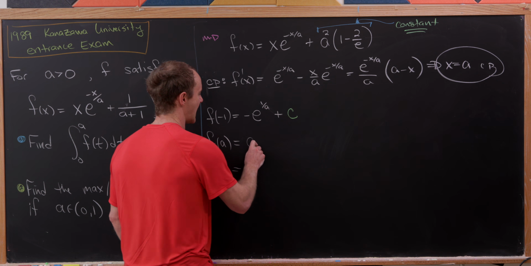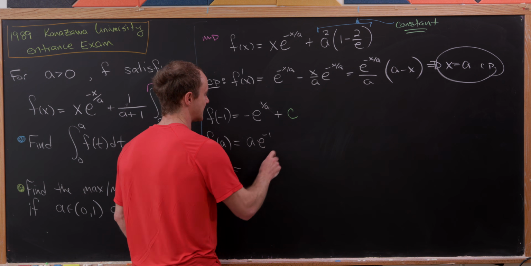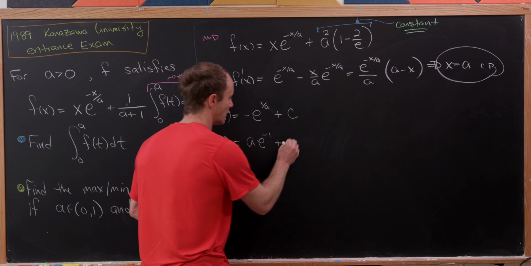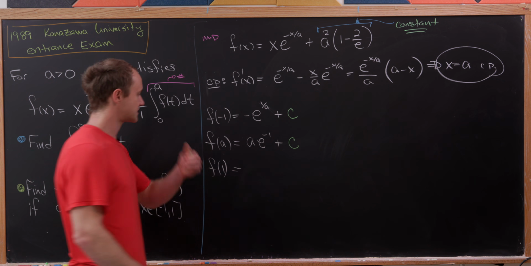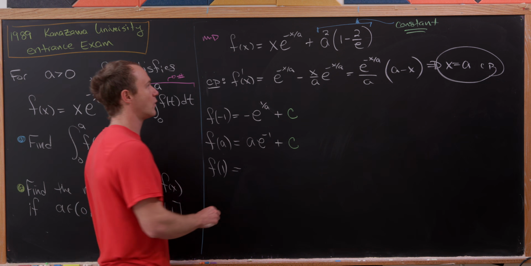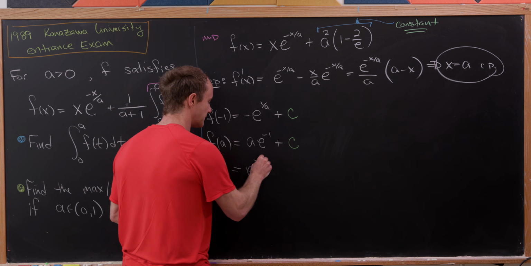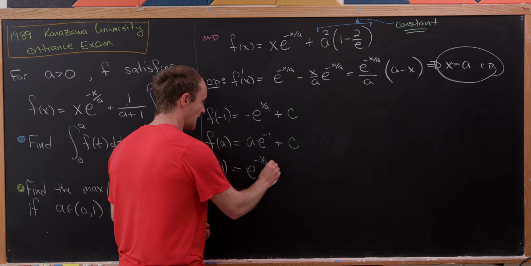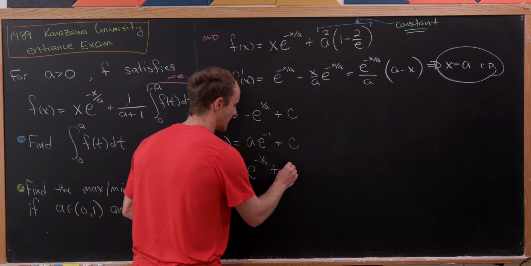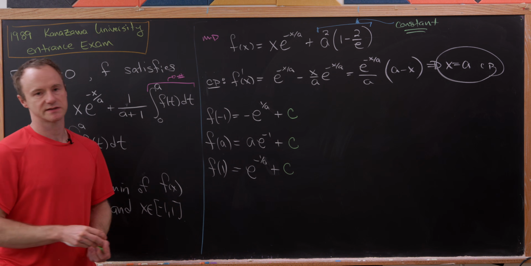Okay, and then if we evaluate this at a, what do we get? Well, we're going to have a times e to the minus 1 plus that same constant. And then finally, for f of 1, we'll have e to the minus 1 over a, and then, of course, plus that same constant.